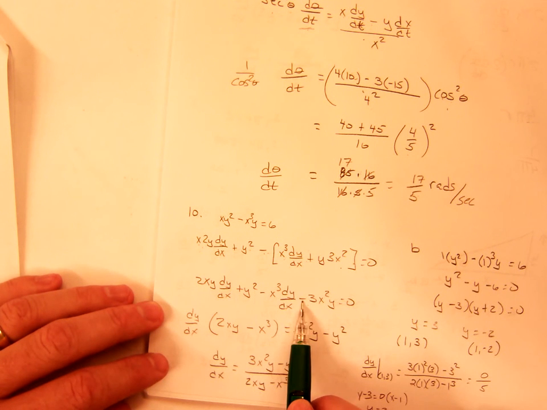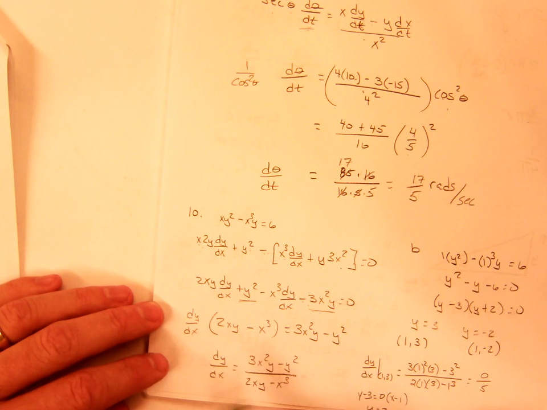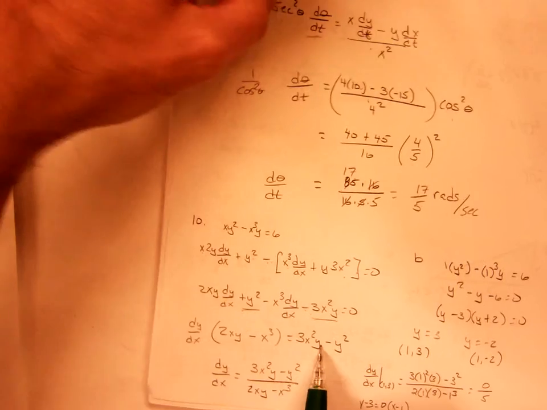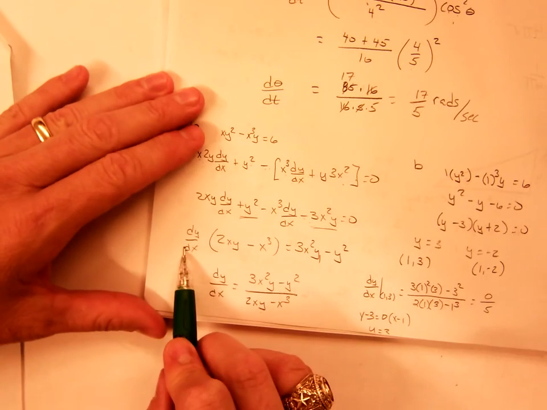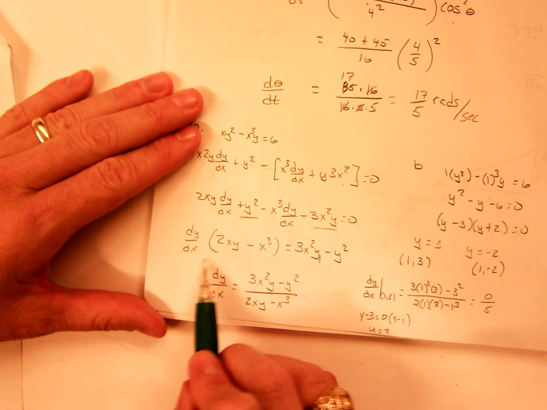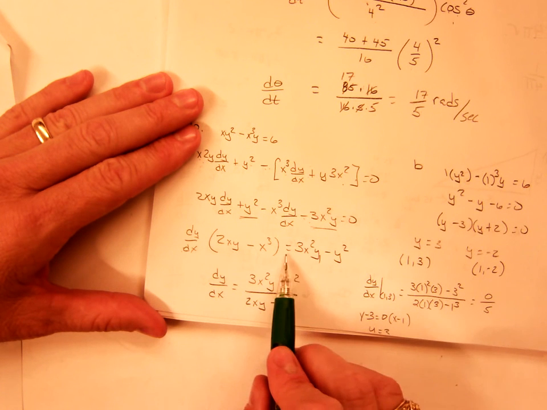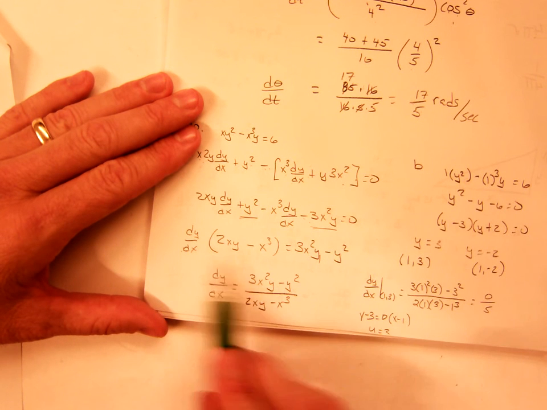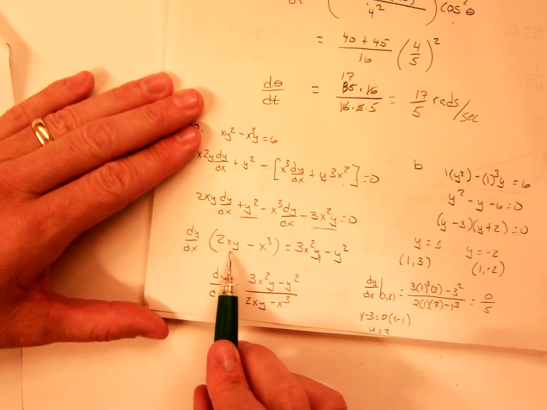I'm going to move anything that doesn't have dy/dx over to the right, and then I'm going to factor out a dy/dx on the left, and I end up with this. dy/dx times (2xy minus x cubed) equals the right side over 3x squared y minus y squared. Divide through by 2xy minus x cubed, and I get this.